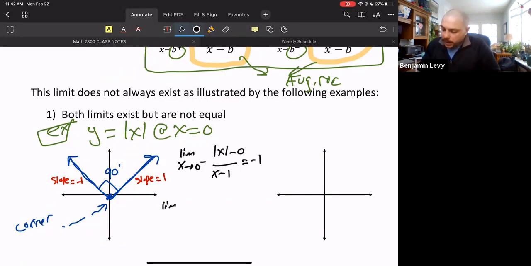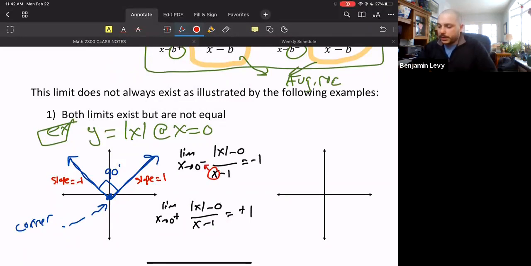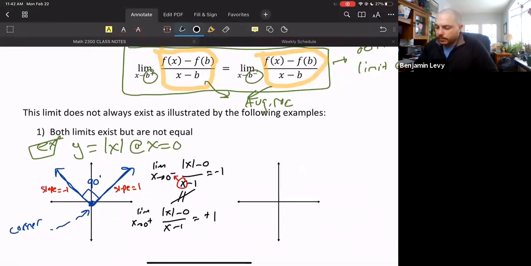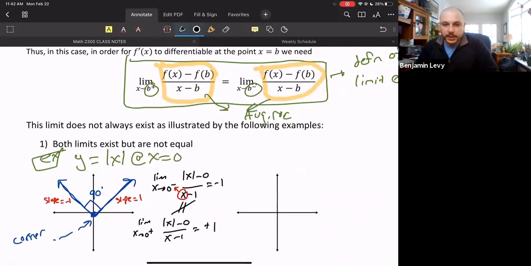And if we did the limit as we approach 0 from the right, we get the same function, except we end up with a +1. The difference is because this thing ends up being negative, right? Because we're approaching from the left. And since those two things are not equal to each other, the derivative doesn't exist at 0.